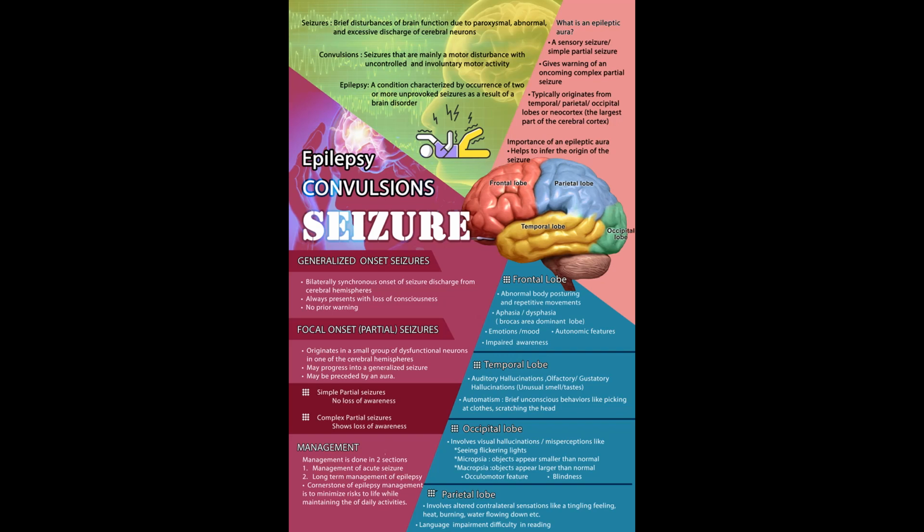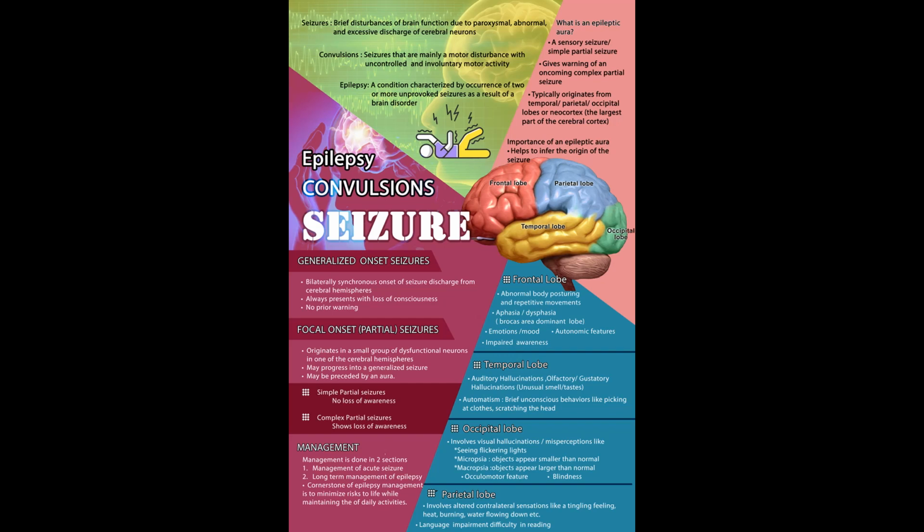They have no prior warning. On the other hand, focal onset or partial seizures originate in a small group of dysfunctional neurons in one of the cerebral hemispheres. They may be preceded by an aura and may even progress into a generalized seizure.